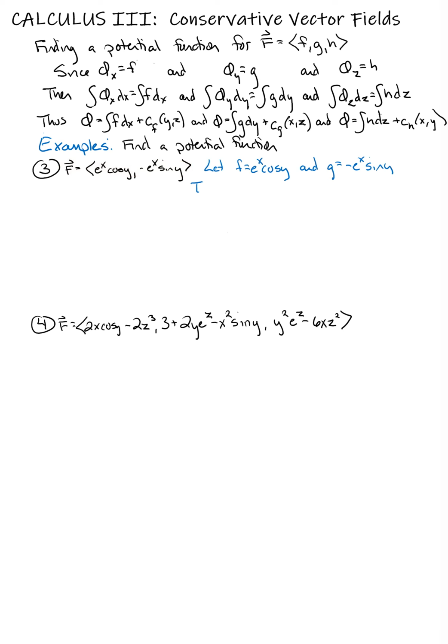Then, according to the definition, the first partial derivative with respect to x of phi has to be equal to f, and the first partial of phi with respect to y has to be equal to g. Again, that's the definition of the potential function.